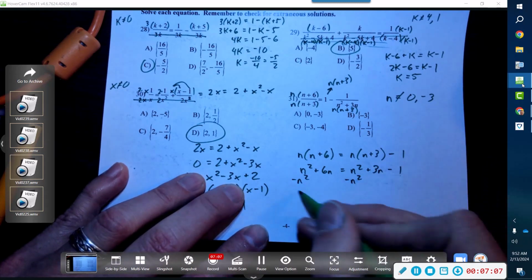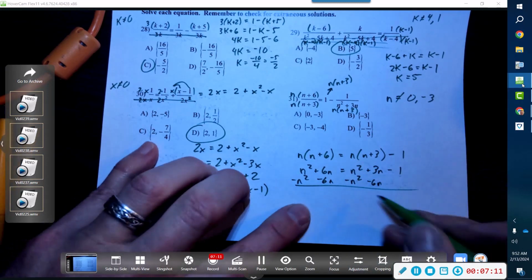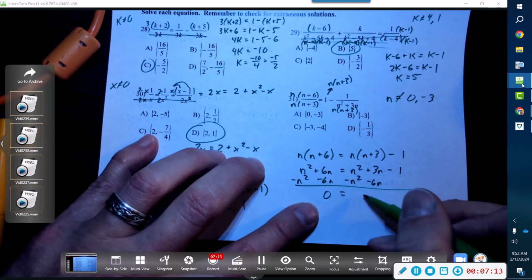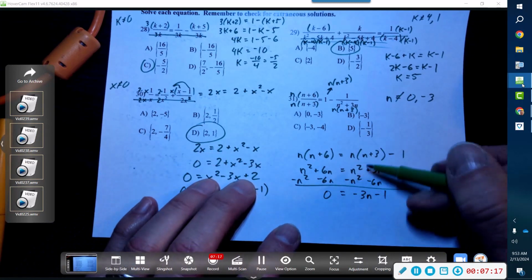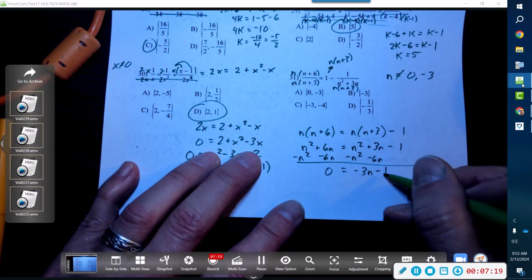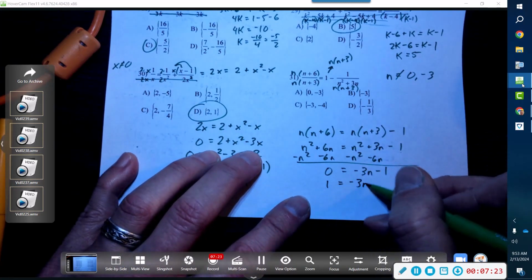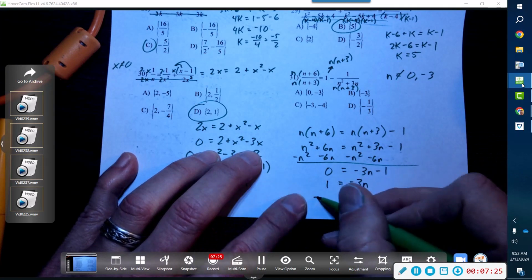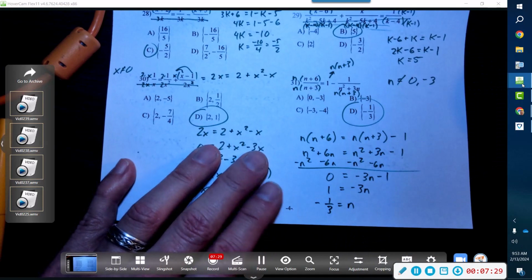This actually is not a quadratic anymore. Okay, so these guys actually canceled out. Let's get the n by itself, so we're going to move the 1 over there. Divide by negative 3, and we get negative 1/3 equals n, and that's exactly what we were supposed to get.